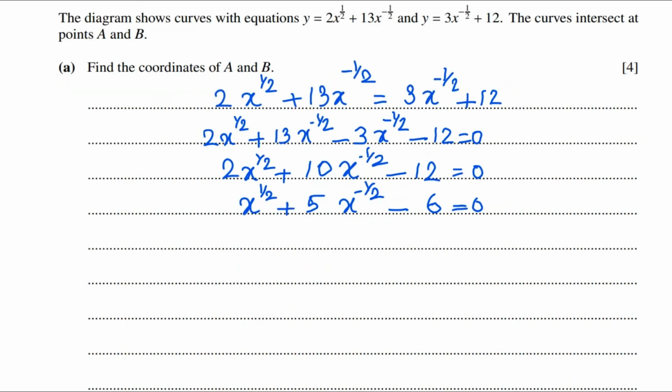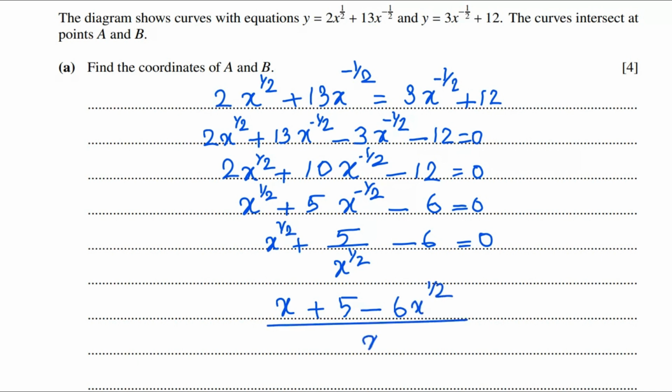This can be written as x power 1/2 plus 5 over x power 1/2 minus 6 equal to 0. Now take the common denominator as x power 1/2. So this will become x plus 5 minus 6x power 1/2, divided by x power 1/2, equal to 0.